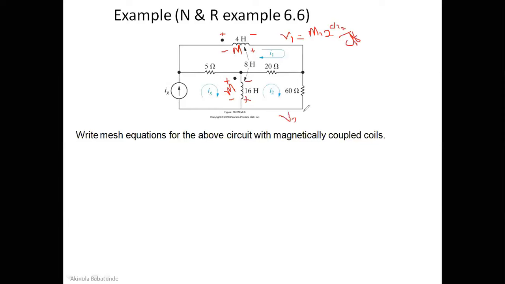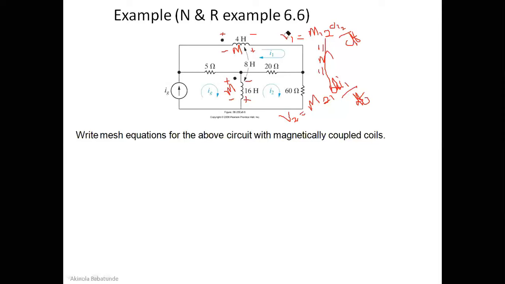So V2 will be equal to M21 di1/dt, because V2 is always related to the current in L1, while V1 is always related to the current in L2. Good. So this is how it's going to be, and we know M12 equals M21, and both of them will be equal to M. They mean the same thing. All right, so let's go on.